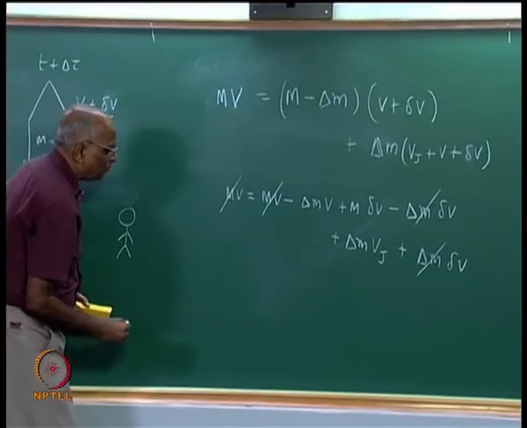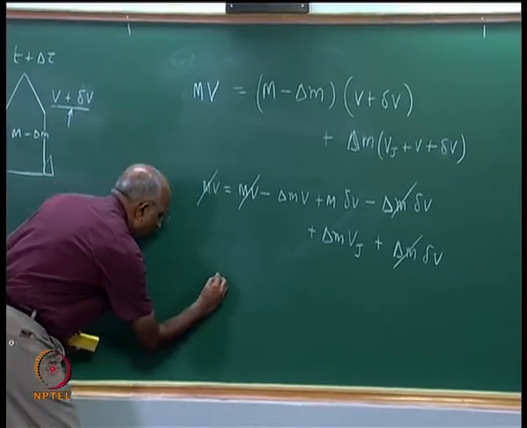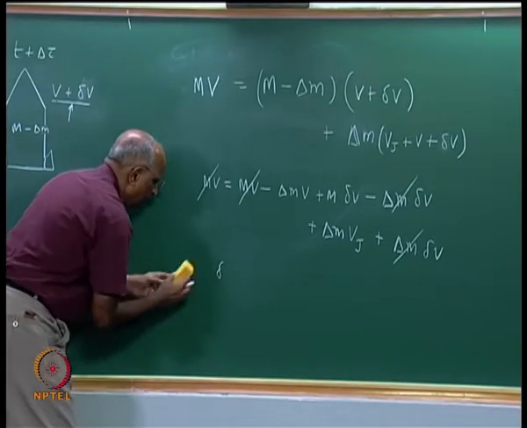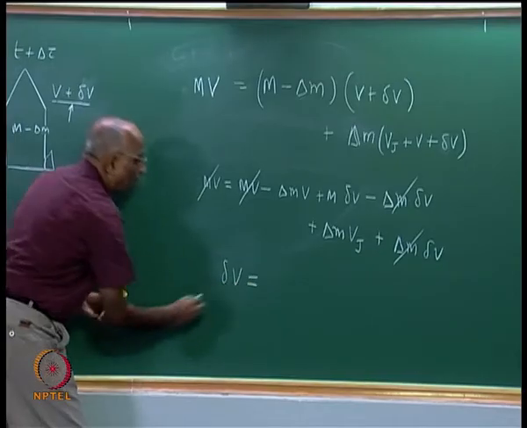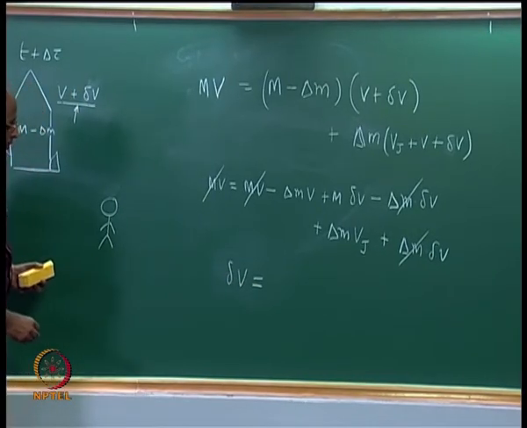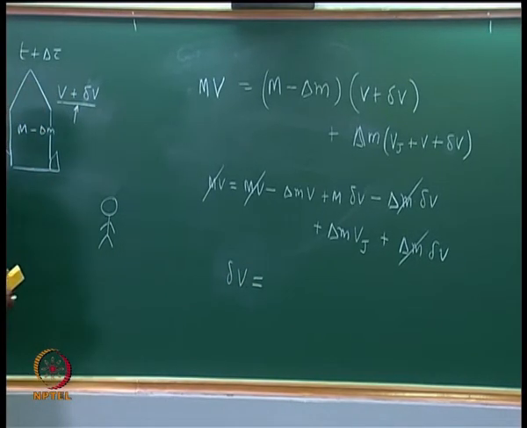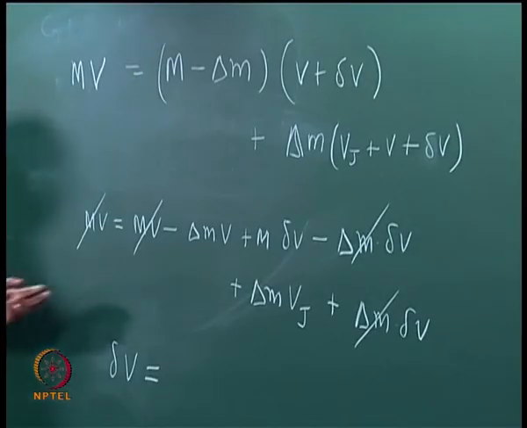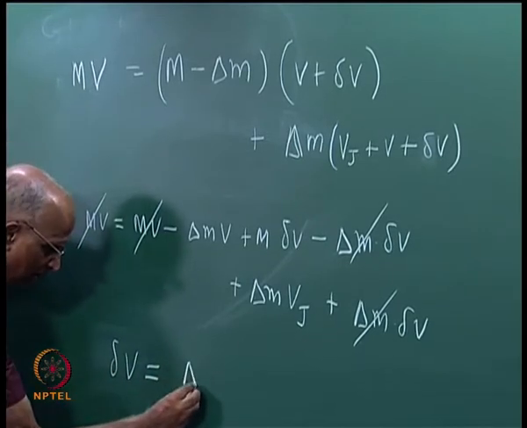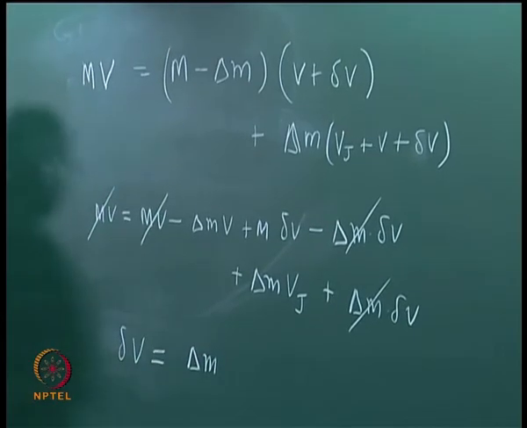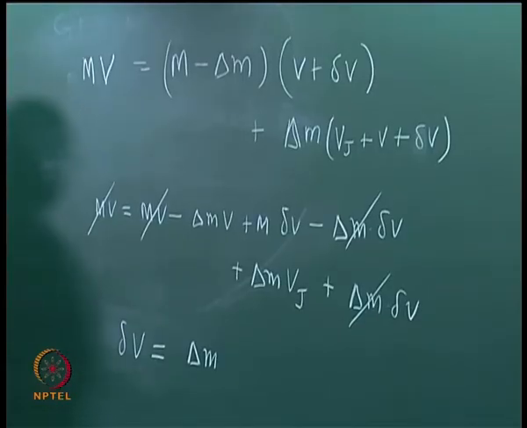Therefore, I am left with, I can write delta v is equal to, yes, what will I get? Let us write it. Delta v will be equal to minus plus delta m, are the signs all right? Please check it.